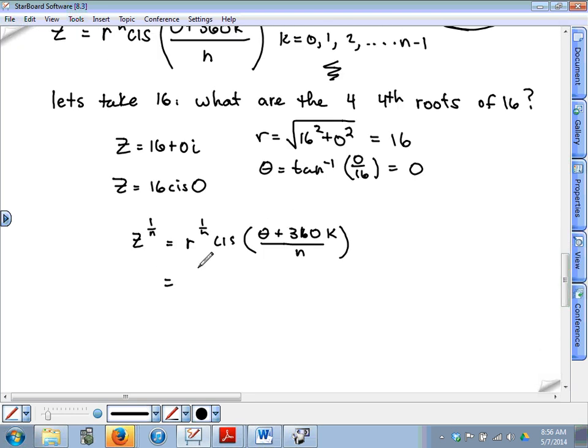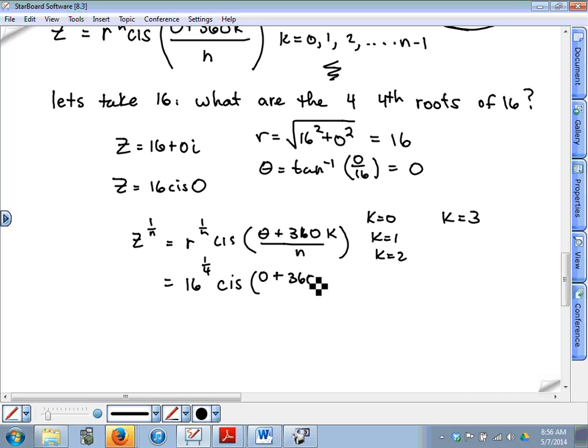So in our case, this is going to be 16 to the 1/4 CIS. Now what's theta? 0. So this is 0 plus. We've got to run through this 4 different times for each different case of k. We need to do one for k equals 0, one for k equals 1, k equals 2, and for k equals 3.